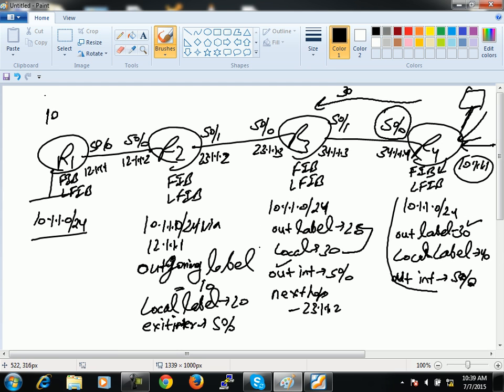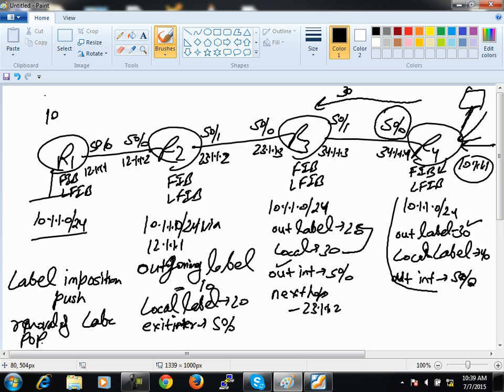See, there are some other terminologies as well, like label imposition, or you can also say push. Then there is removal of label, or you can also call it popping.